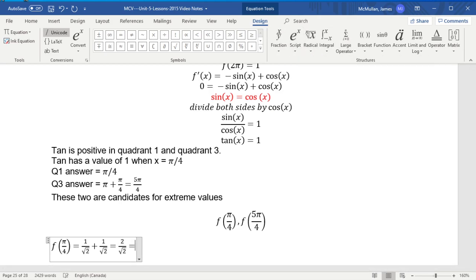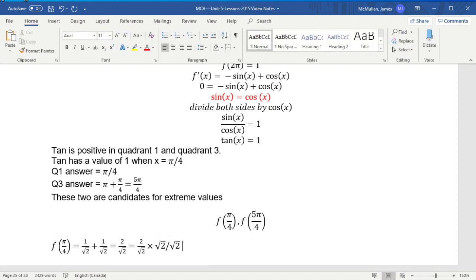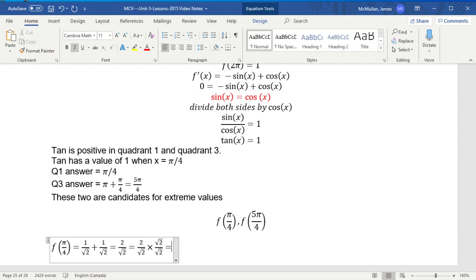Sometimes when you rationalize this, you can rationalize it. So we can go 2 over root 2, and then multiply the top and the bottom by root 2 over root 2. I'm doing this to get rid of the radical in the denominator.